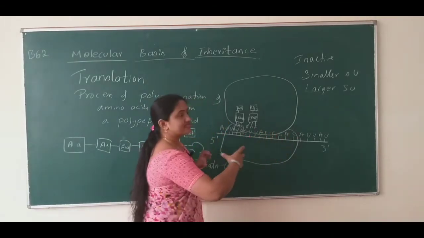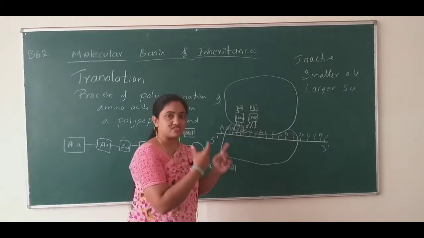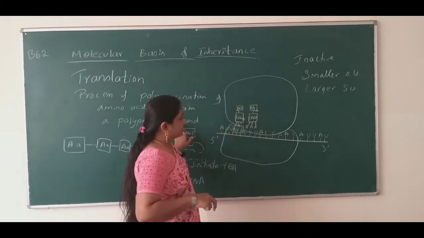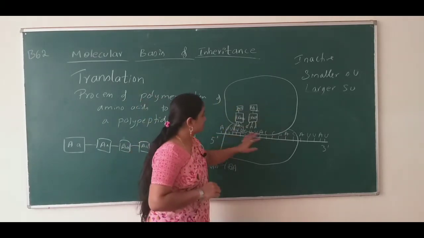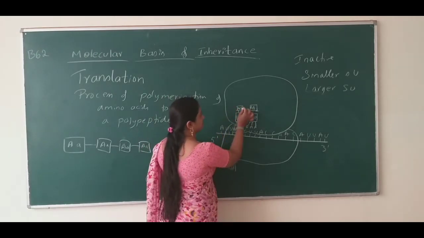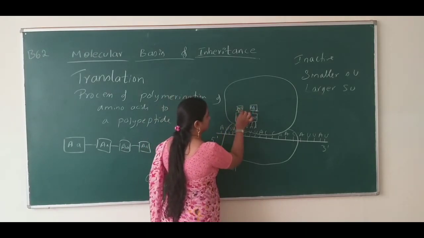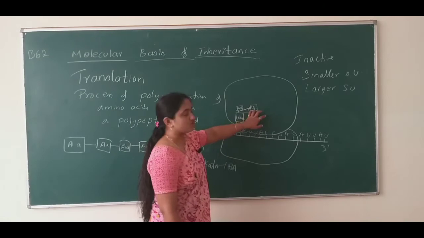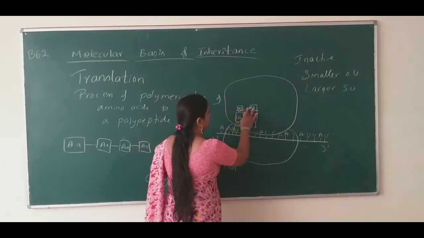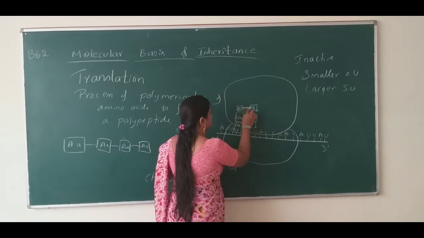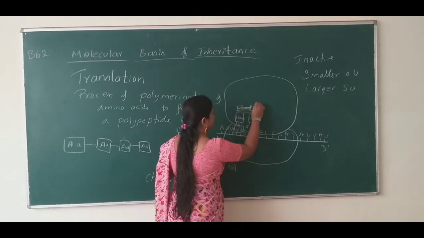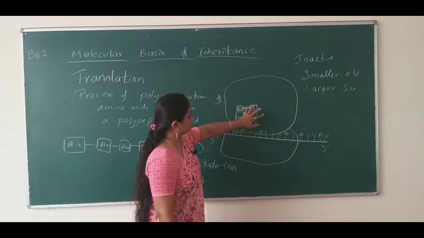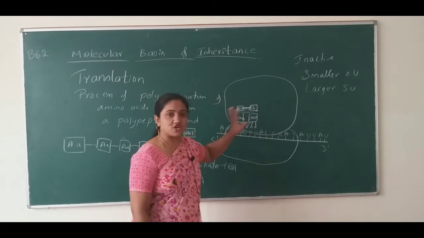When it starts moving forward, the initiator tRNA will get detached from the mRNA. Meantime, a bond forms between the first amino acid and the second amino acid. This is what we need.